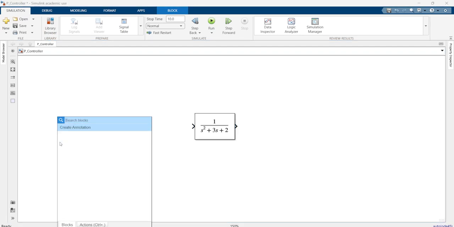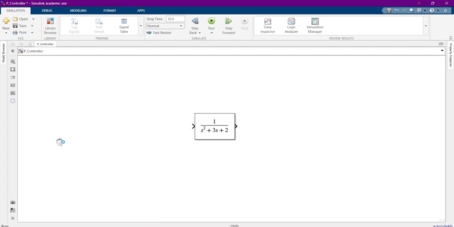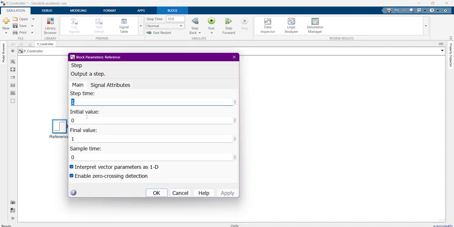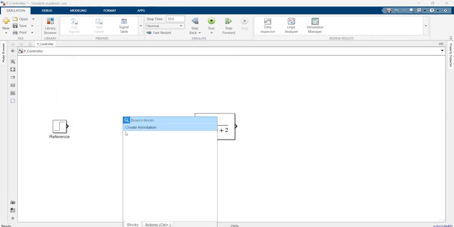We will be calling a step function in order to supply the reference. It's a function that gives us a certain magnitude after a certain time. So after time 1, let's leave it like this, it will give us a magnitude of 1. And we have to form a closed loop configuration, as I said before.